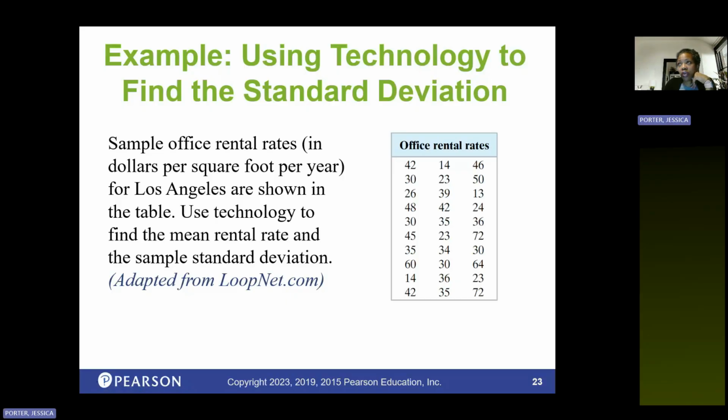So if you use a TI-84, you have to enter in all the data yourself.